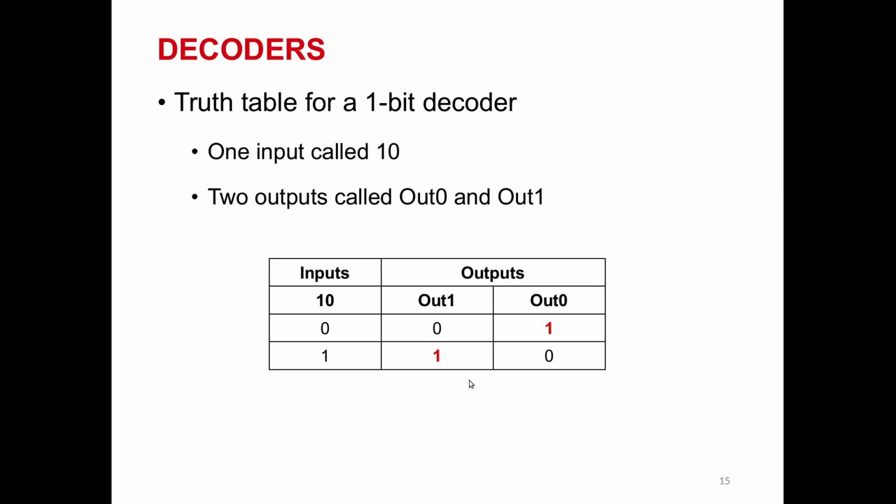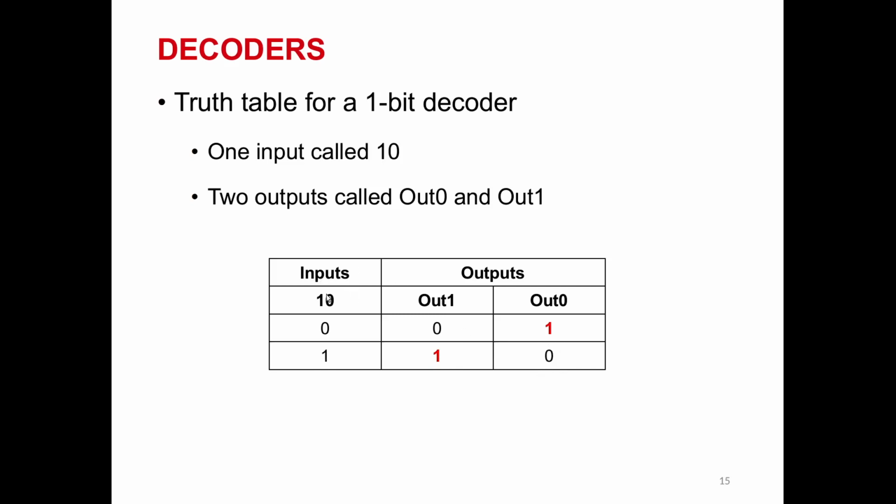Here is the truth table for the decoder. As I said before, it has only 1 bit input, and so it has two values, either 0 or 1. Two outputs, output 0 and output 1. If the input is 0, the output 0 will be 1, while the output 1 will be 0. And if the input is 1, output 1 will be 1, while the output 0 will be 0.